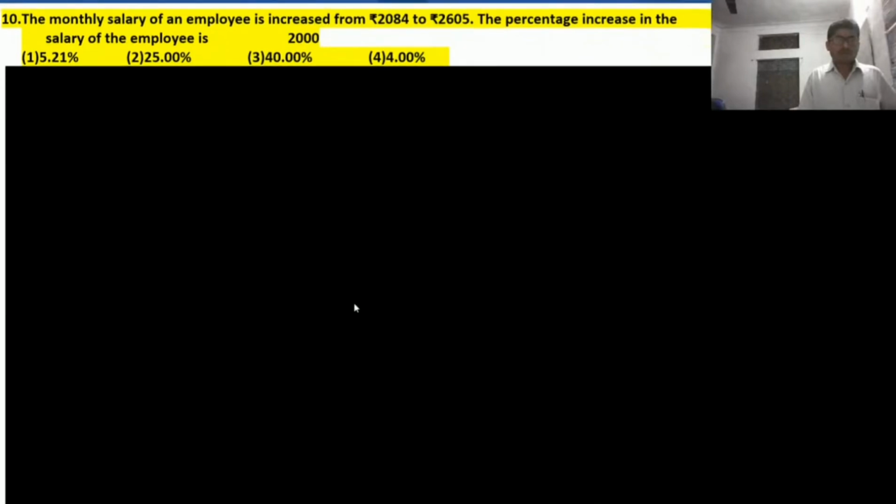Question number 10. The monthly salary of an employee is increased from 2084 rupees to 2605. The percentage increase in the salary of the employee.